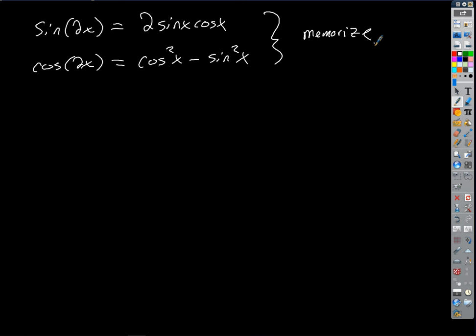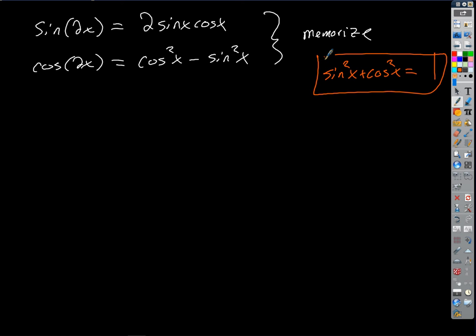But this could be written in a couple different ways, because if we want to write it in terms of all cosines, for example, well, what's sine squared x? The big one, the one we use constantly, is the Pythagorean trig identity. Sine squared x plus cosine squared x equals what? 1, exactly.